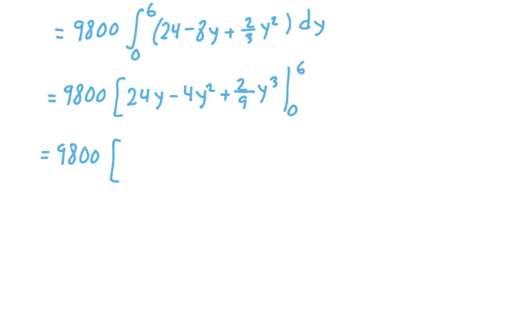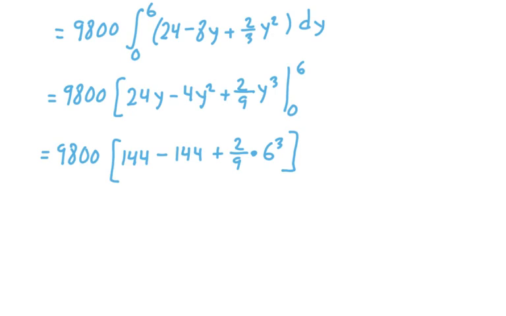Now, if I plug in 6 for y, I'm going to get 24 times 6, which is 144. And then 36 times 4 is, well, that turns out, interestingly, to be 144. Plus 2/9 times 6 cubed.